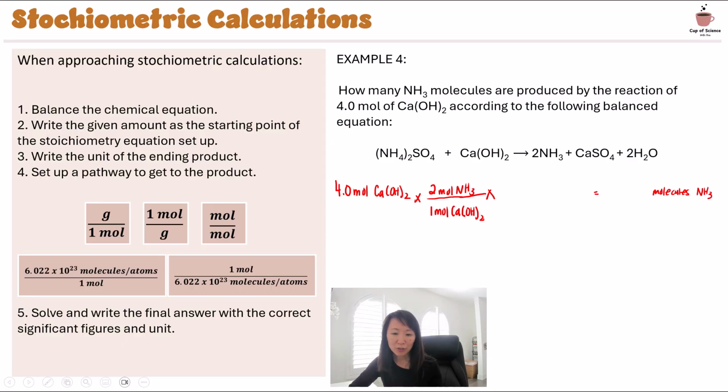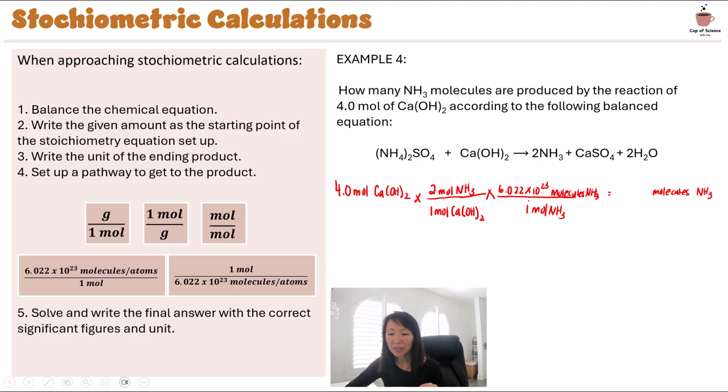I'm going to choose the very first one, and that's because the mole is on the bottom. So I'm going to write 1 mole of NH3. And on the top, it's a big number, 6.022 times 10 to the 23rd, our Avogadro's number, molecules of what? Of NH3.